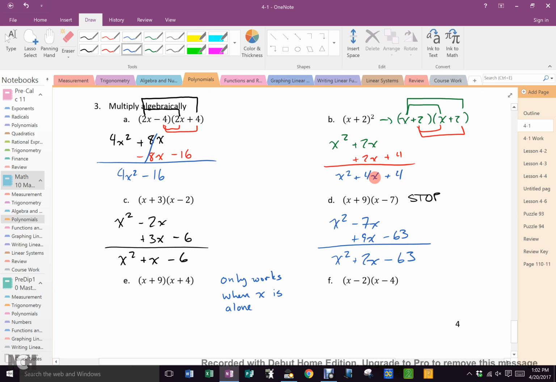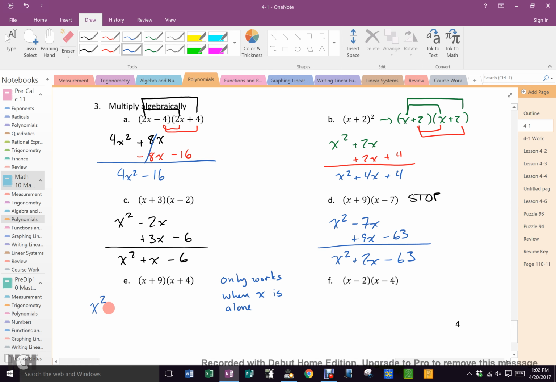So what's the shortcut for the middle term? Here, with 9 and 4. I know the first one's going to be x squared. What's the middle term going to be? Don't write it out. You don't need to write anything. Negative 2 plus 3. Negative 7 plus 9.